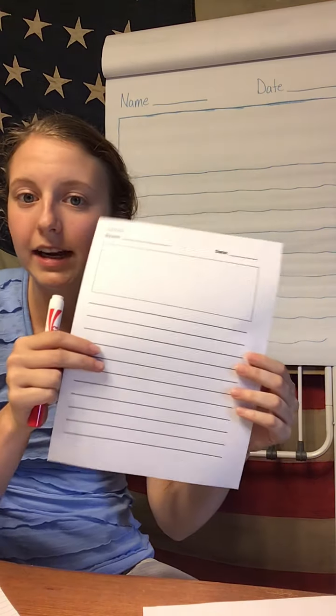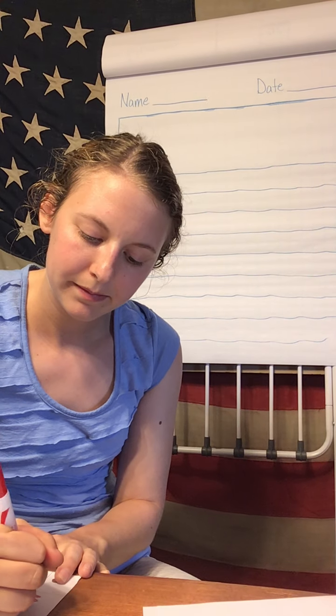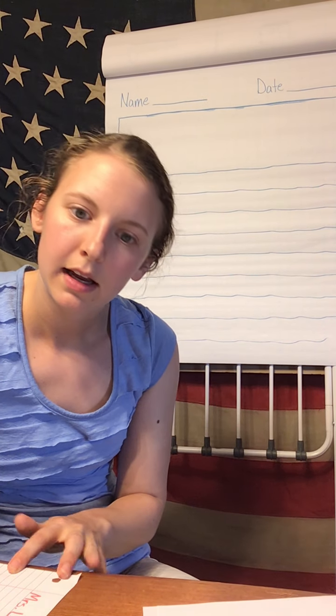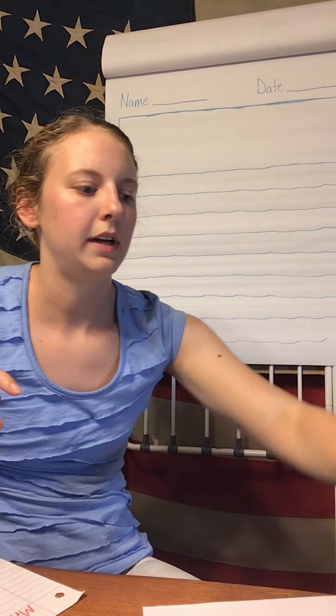All right. So, again, if you have the lesson printed out, you already have a writing sheet ready. If you don't, you can use some lined paper, but as always, we have to put our name and date at the top. Today is, oh, I don't even have the time on me.